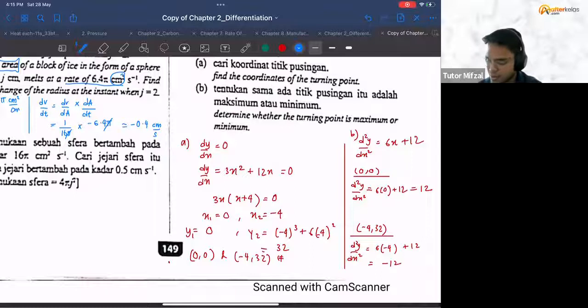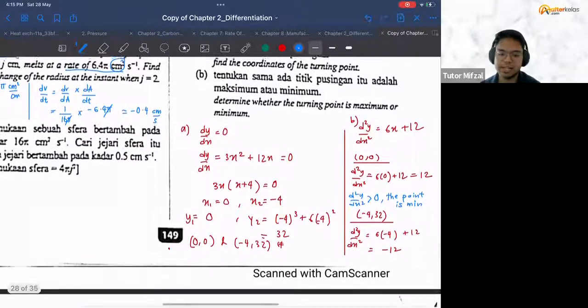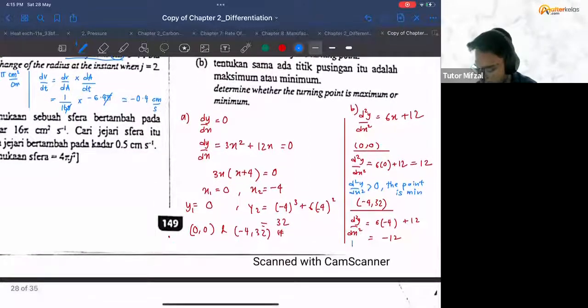Okay, guys. If d squared y over dx squared is greater than 0, then the point is minimum. Okay, minimum. Right, this is important. You guys need to know this. If d squared y over dx squared is less than 0, point is maximum.